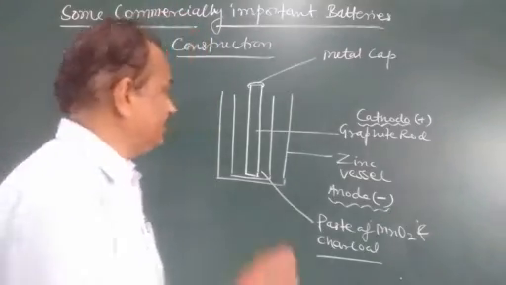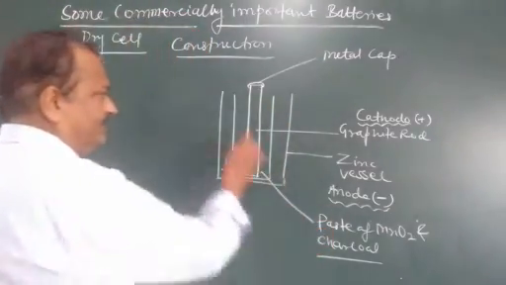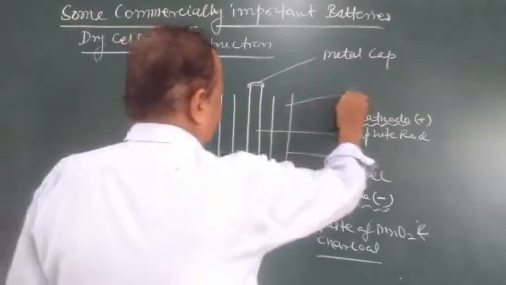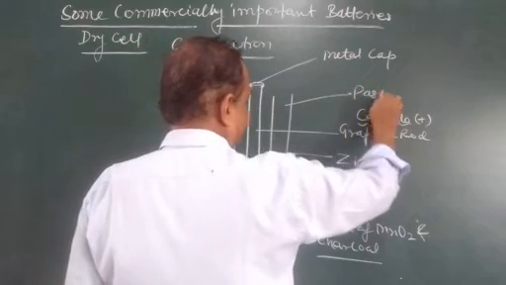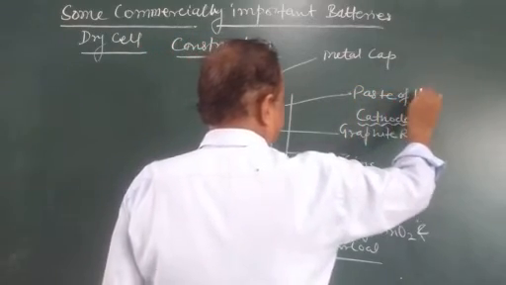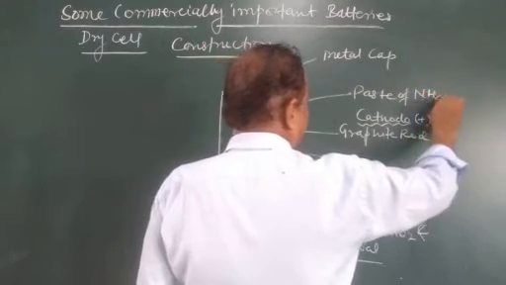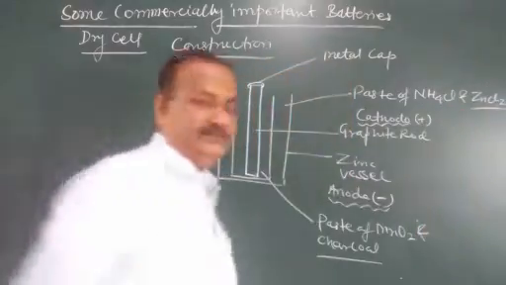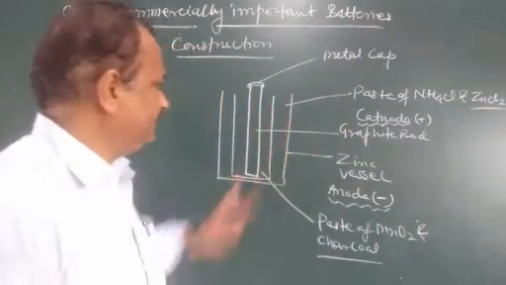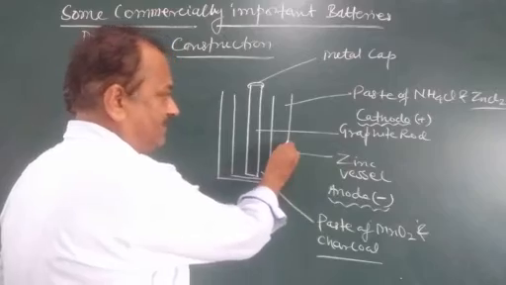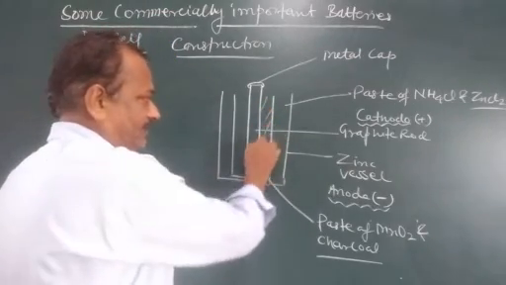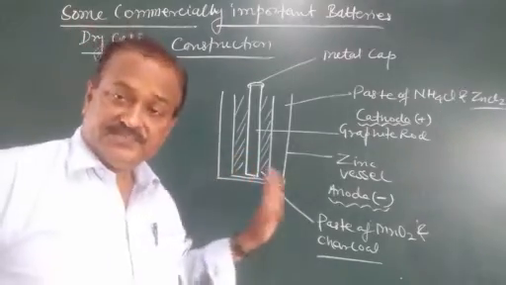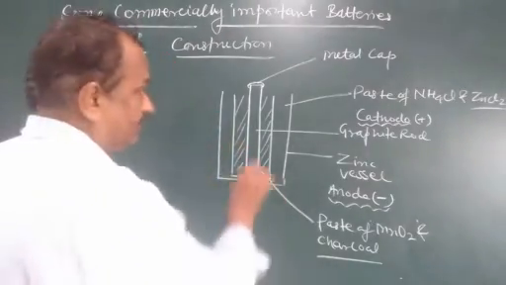And between this zinc vessel and this layer there is a paste of NH4Cl and a little amount of zinc chloride. Between this vessel and this layer, let's differentiate it.